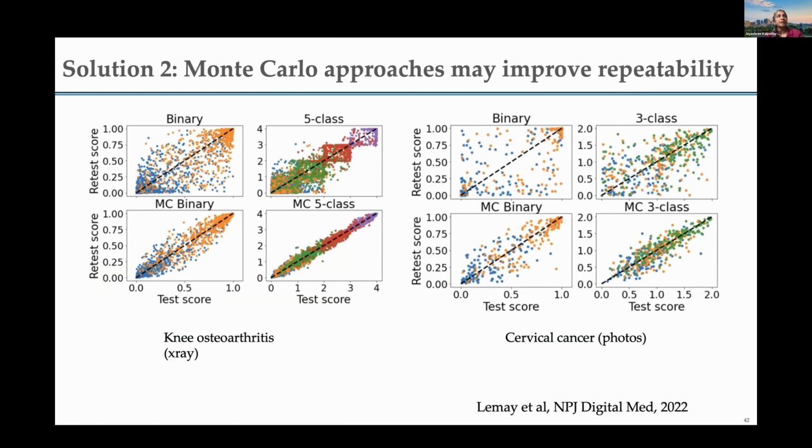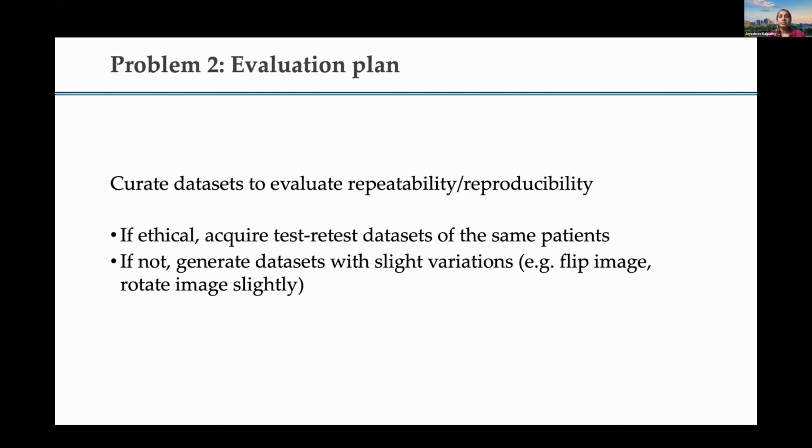The Monte Carlo approach is essentially that you have a neural network, you randomly drop certain connections during the training process, and so you get multiple different networks that are slightly different from each other. You also potentially do the same thing at inference. So you now have 20 networks, and you take the average probability of the output. What we see is that it really does modulate this flip-flopping and makes it much, much more repeatable.